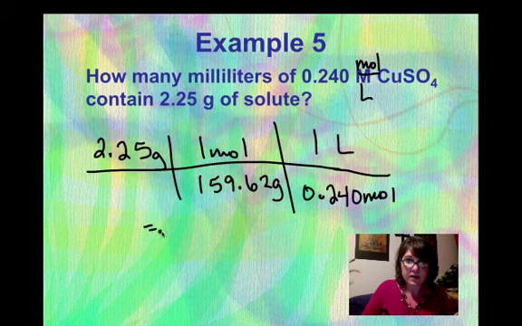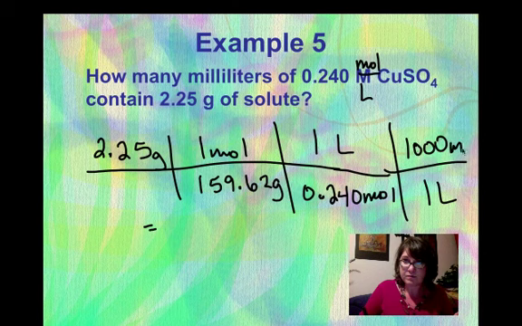All right, and then of course I'm going to change milliliters to liters. Every liter has 1,000 milliliters in it. When I get to that part of the math, I'm just going to move the decimal, but you can do it any way you like. Okay, so I get 0.0587 liters.